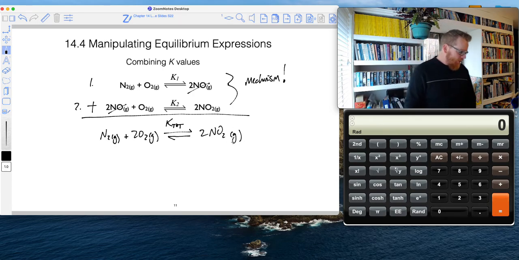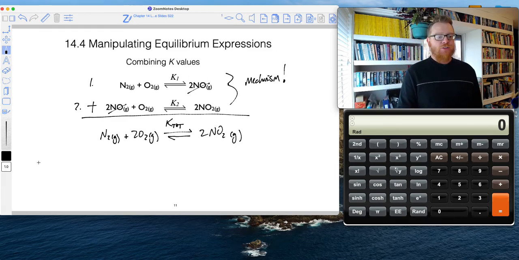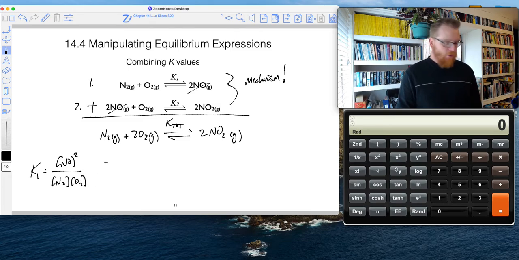Okay. So let's write all of these equilibrium expressions down. So K1, for example, is NO all squared divided by N2 times O2. Okay, well, what about K2?